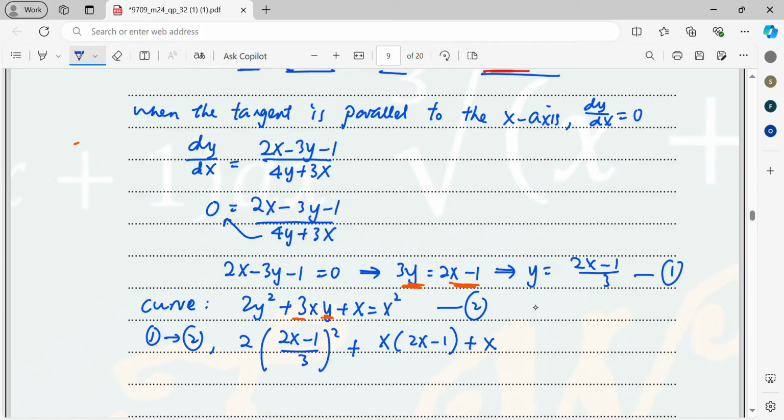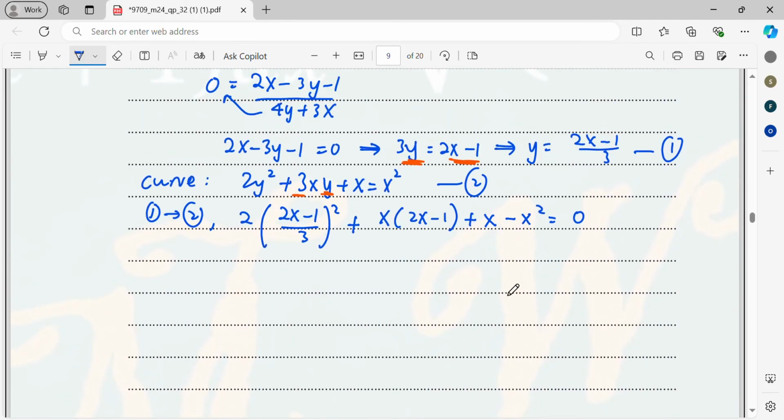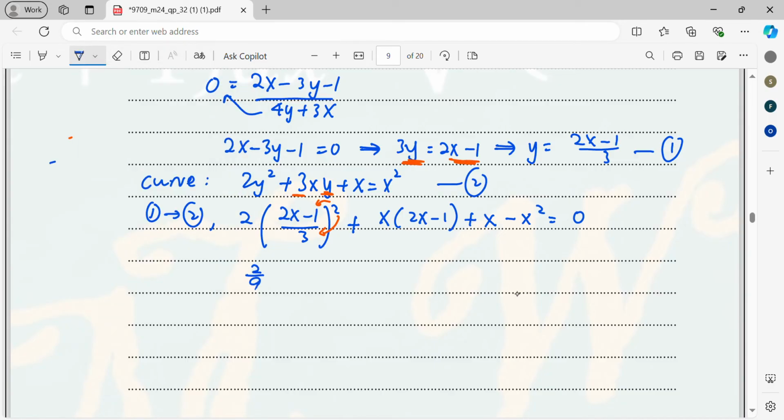The x squared will be moved to the left side because it becomes negative x squared, which equals 0. Now for this equation, I can just do expansion. Remember, when you do expansion, there's a squared here. This squared can be brought into the numerator and denominator. The squared in the denominator is 3 squared, which is 9. Then I will combine that with the 2, which means I will be getting 2 over 9, and then the square of 2x minus 1.